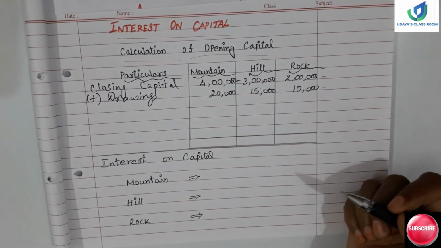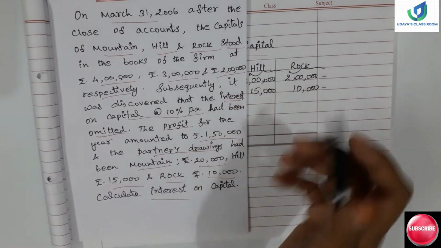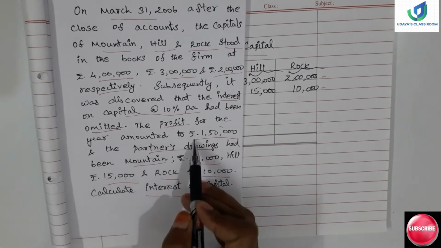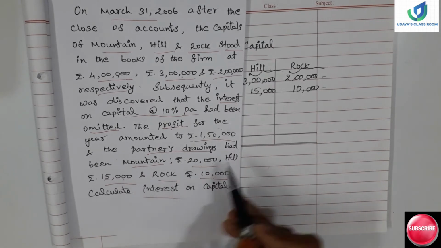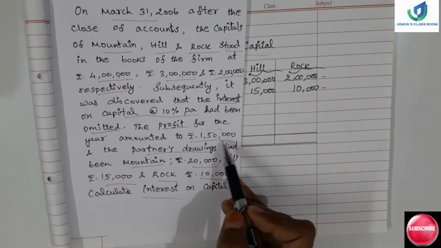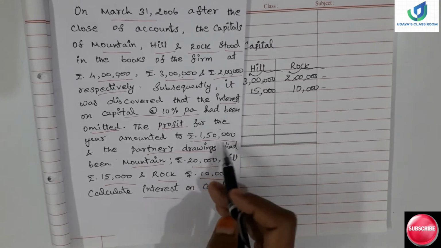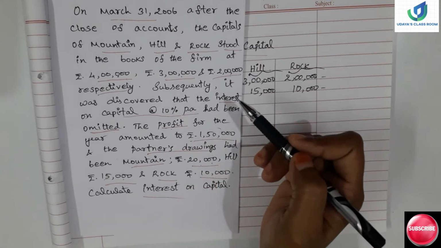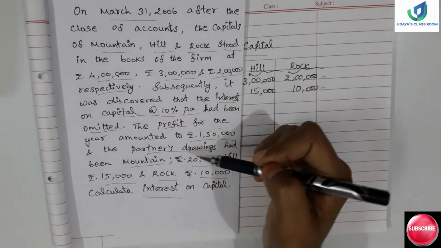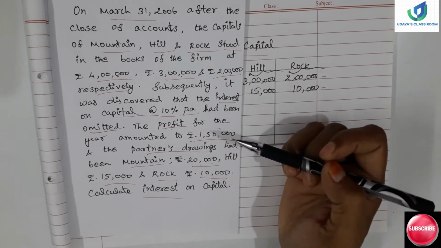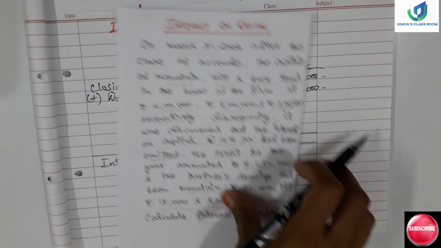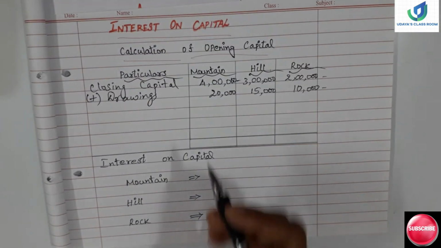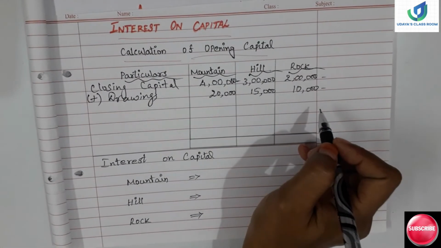And the next is profit for the year amounted to rupees 1,50,000. This 1,50,000 will be shared among the partners. In this question, they did not mention the profit sharing ratio of the partners, which means we have to understand they are equal partners. So the 1,50,000 profit is shared equally.